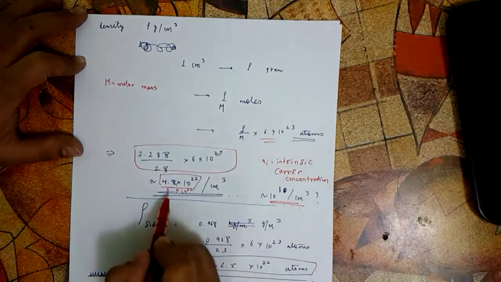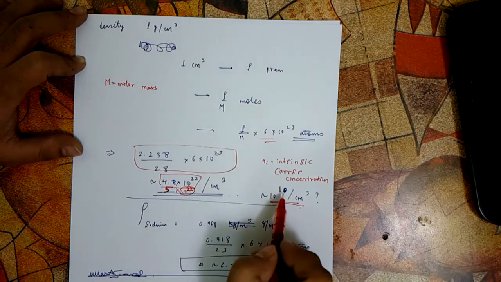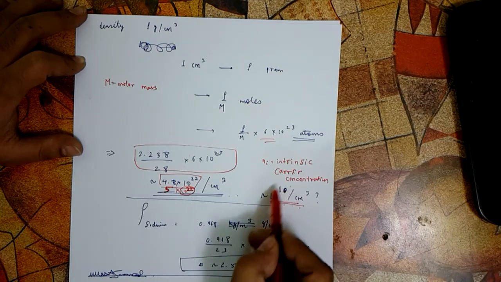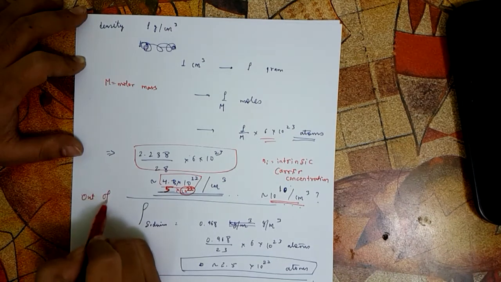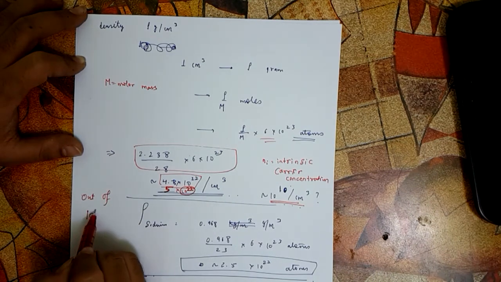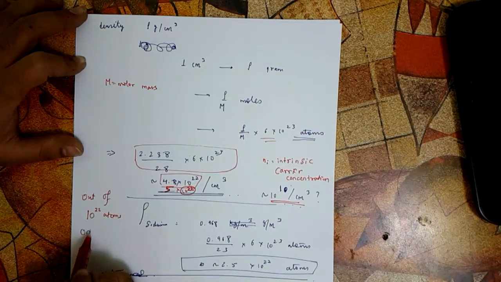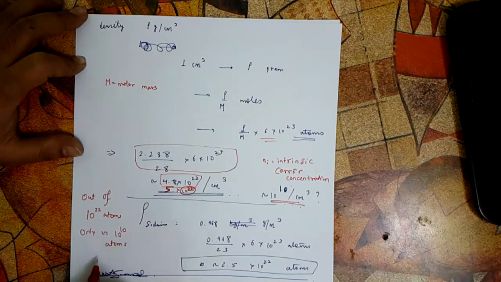So let's compare this. The number of atoms in 1 centimeter cube is of the order of 10 raised to 22, and the number of electrons per centimeter cube which have jumped is only 10 raised to 10. That means out of 10 raised to 22 atoms, only 10 raised to 10 electrons have jumped.